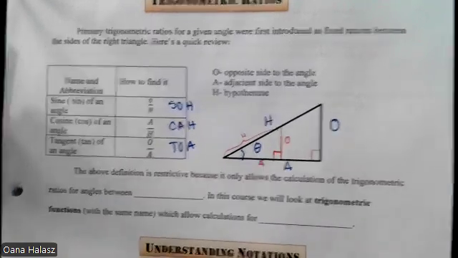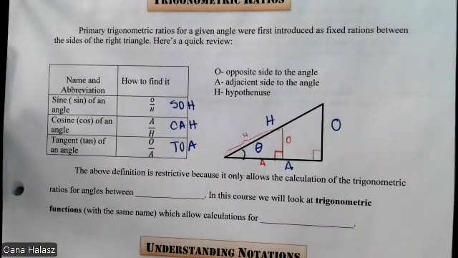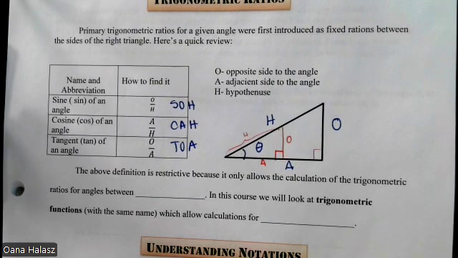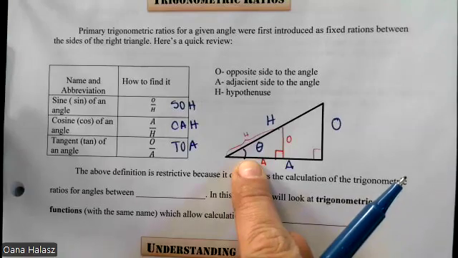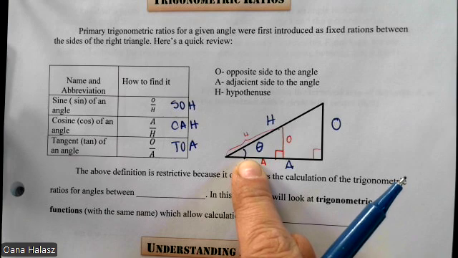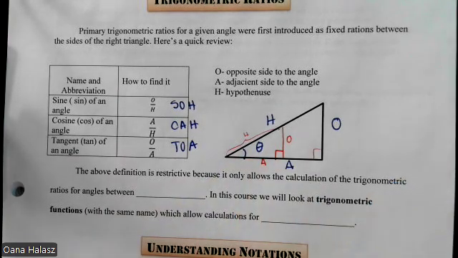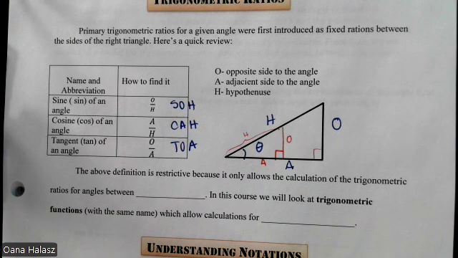This definition of our trigonometric ratios is a little bit restricted because it only lets us talk about trigonometric ratios for angles that are acute, less than 90 degrees, because we are working in a triangle. Later on, with more study of trigonometry, we notice that we can actually work with these ratios outside of a triangle.